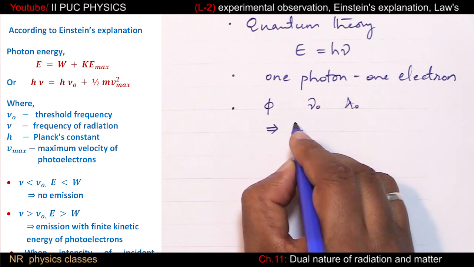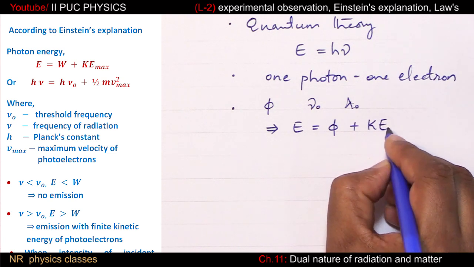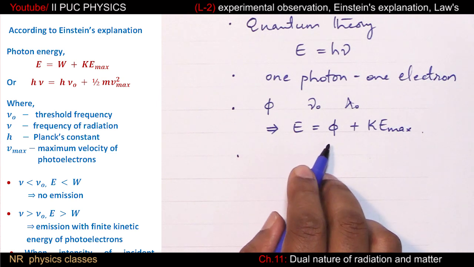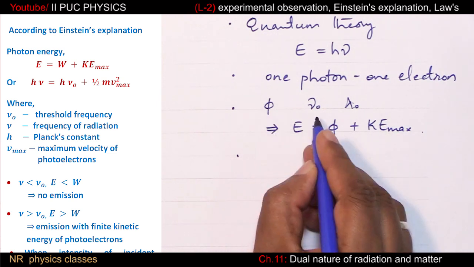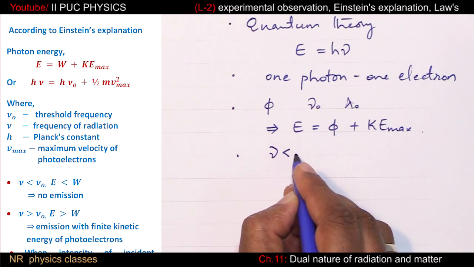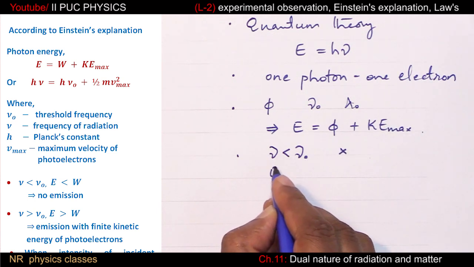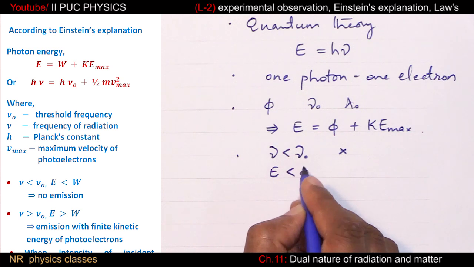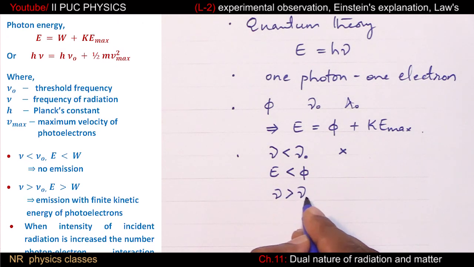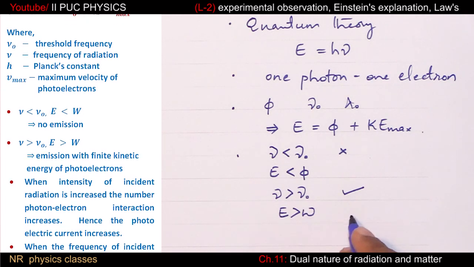Thereby we can write E equal to work function plus maximum kinetic energy of photoelectrons. Next point, he also said corresponding to work function there is a threshold frequency. If frequency of incident radiation is less than threshold frequency, no emission. This says energy of incident radiation is less than work function. And frequency greater than threshold frequency means there is emission, meaning energy greater than work function.